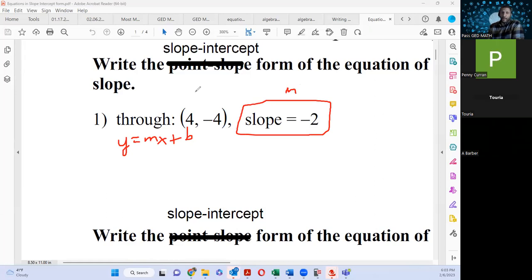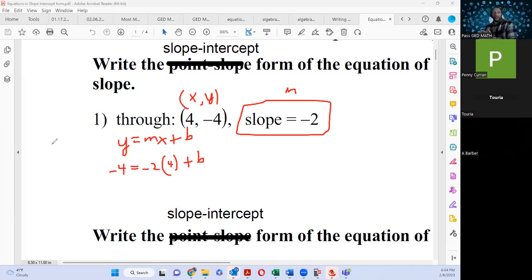X and y. Perfect. So when you say plug it in, what is y going to be? -4. -4 equals, my slope is what? -2. And I'm going to multiply that by what? By 4, which is my x, plus b.